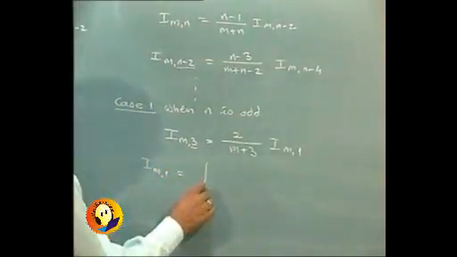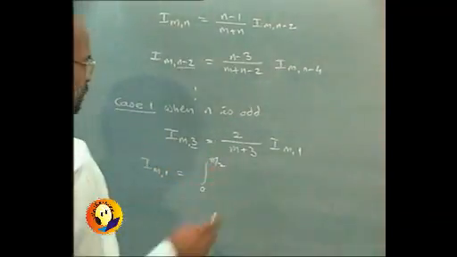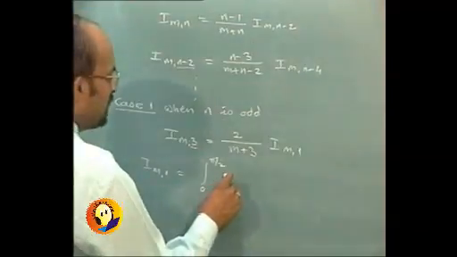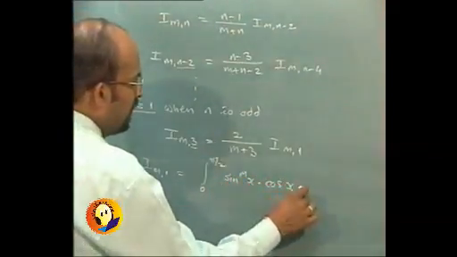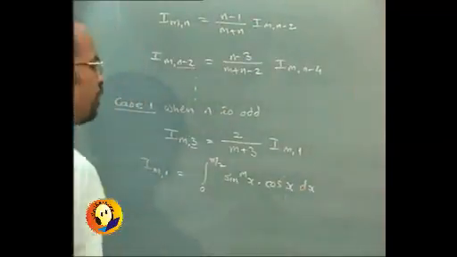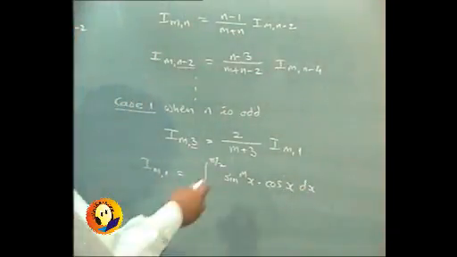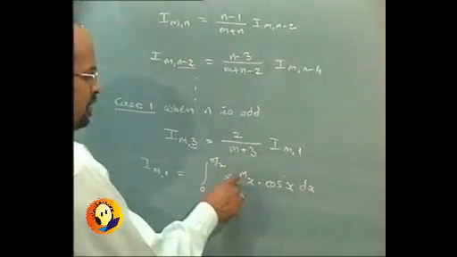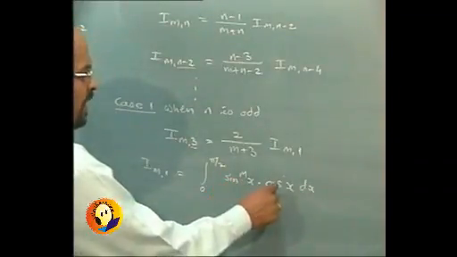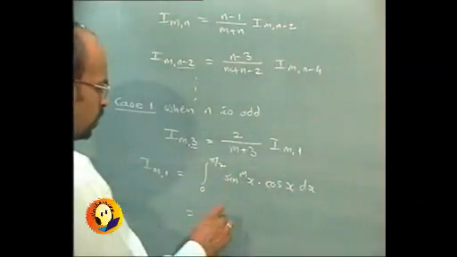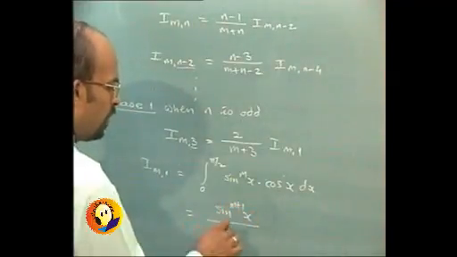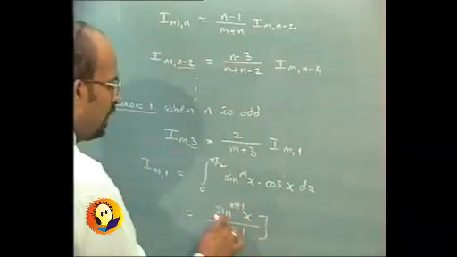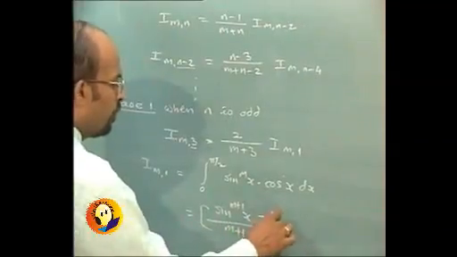can be now written as integral 0 to pi by 2 sin raised to mx into cos x dx, cos raised to 1x. Now this is integrable because sin x is equal to t will indicate cos x dx as dt. So this integration will come out to be sin raised to m plus 1x upon m plus 1 within limits 0 to pi by 2.